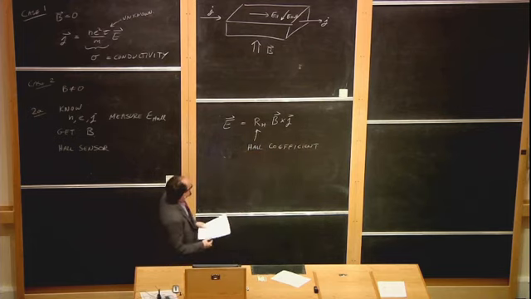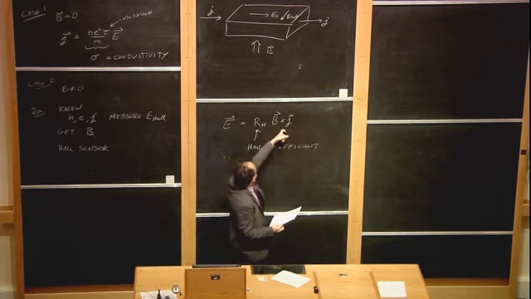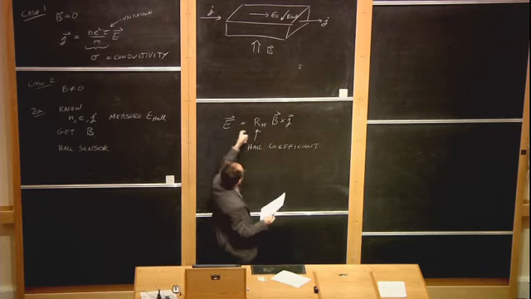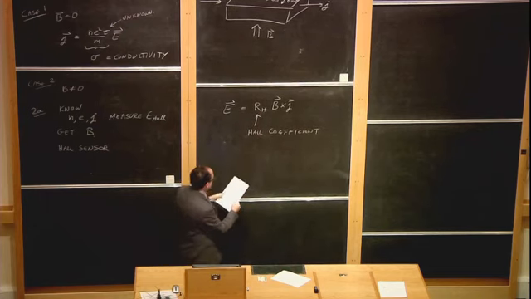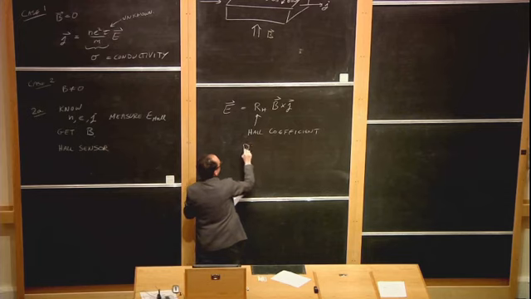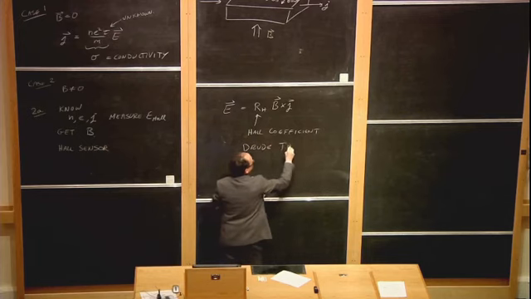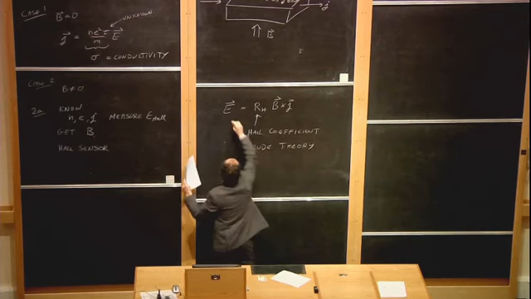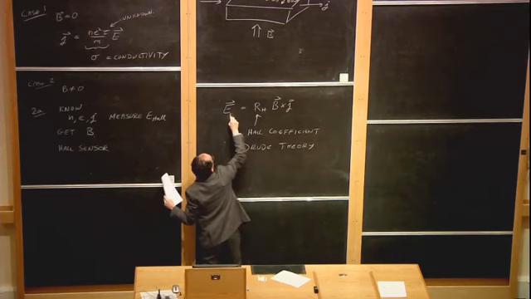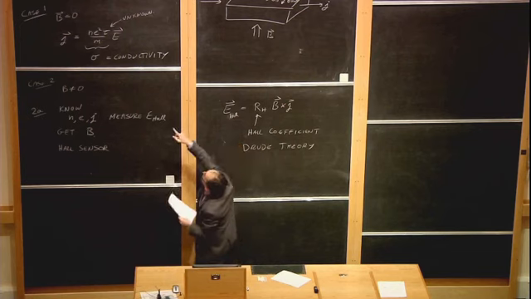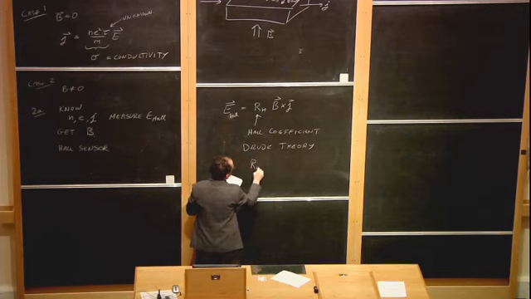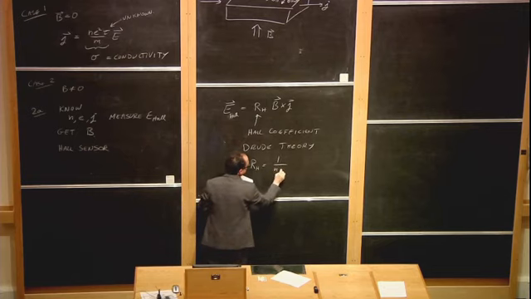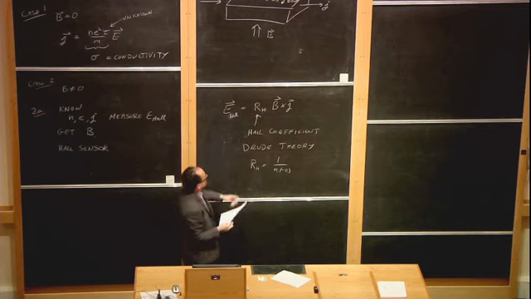So, if you know what J is, you know what B is, you measure E, you get the Hall coefficient, for example. So in Drude theory, comparing to that equation, so this is E Hall, the Hall coefficient, RH, is 1 over density times minus E. The minus sign comes from the fact that I flipped the order of these two compared to over there.